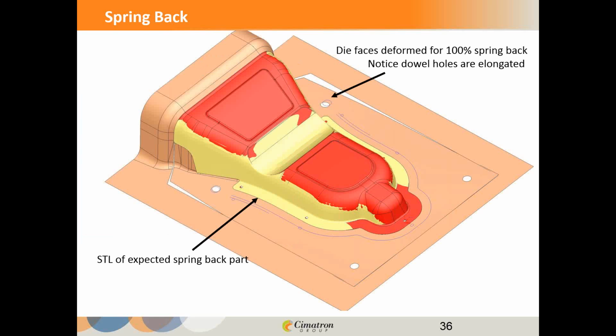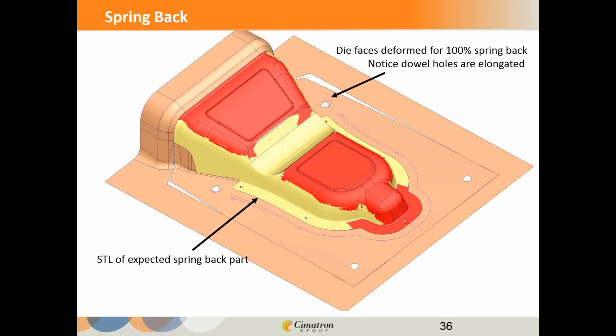So let's look at what happens here. I've got now in yellow the expected part with the spring back. And we've taken the part surfaces, the die surfaces, and we've compensated them for the spring back. So you can see how they've drawn away from the original design boundary.